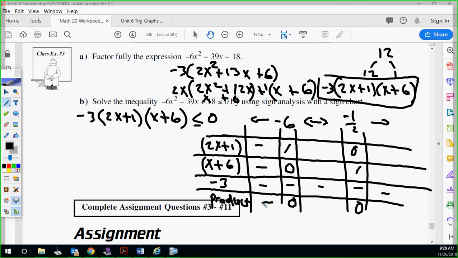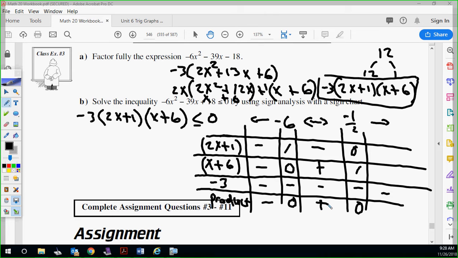Between negative 6 and negative 1/2, let's try negative 1. So negative 2 plus 1 is negative 1. Negative 1 plus 6 is 5, so there's a positive there. So what is that product? Positive. Negative times a negative times a positive, essentially, so positive.